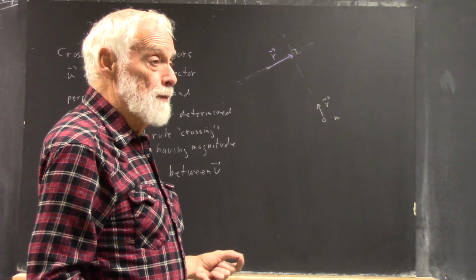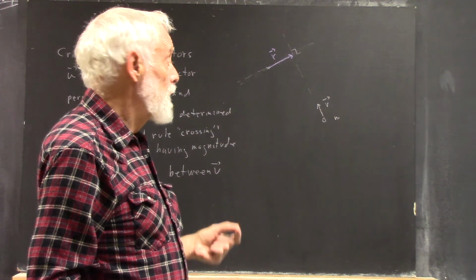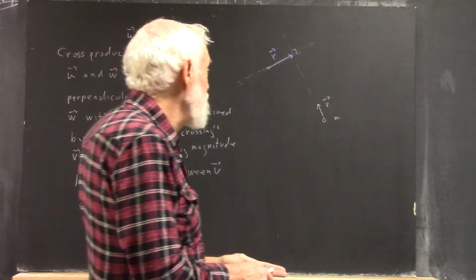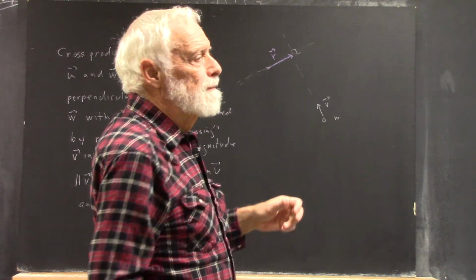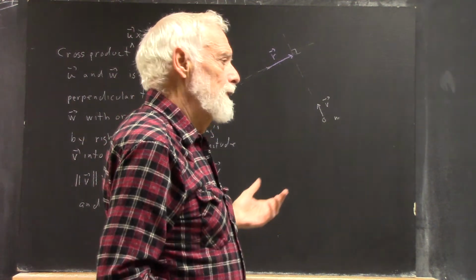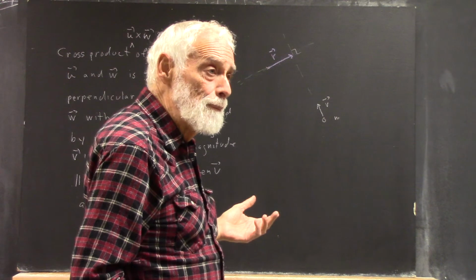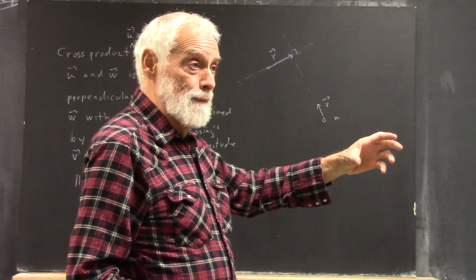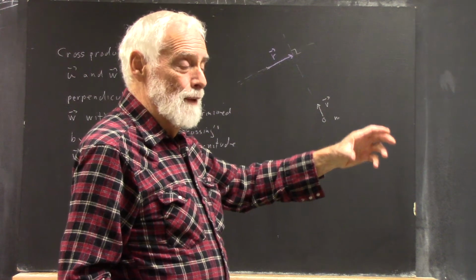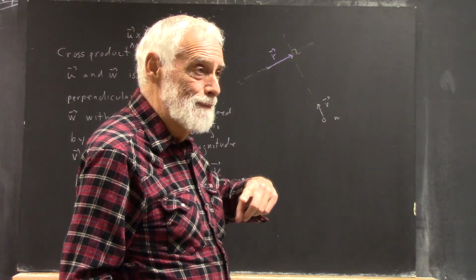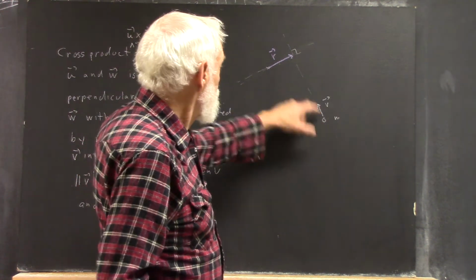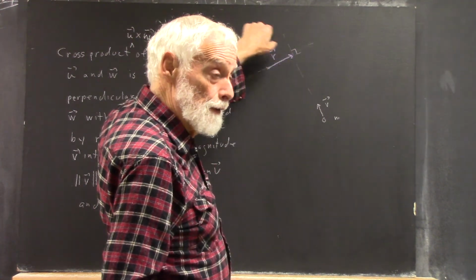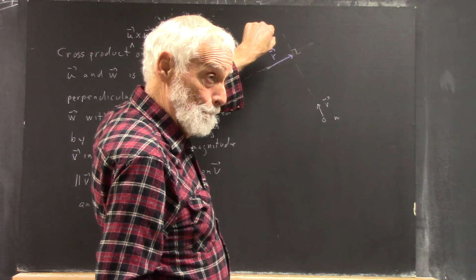Which means its angular momentum is going to be I omega. Well, that would be mr squared times the angular velocity it would have if it was moving around a circle of this radius.